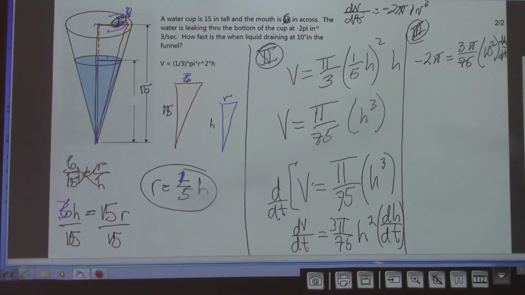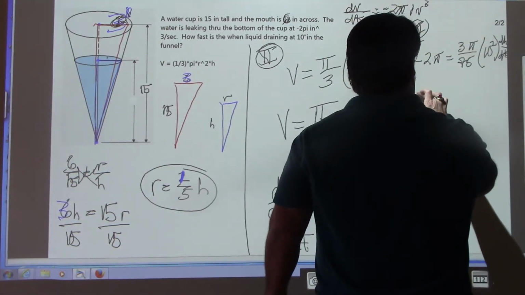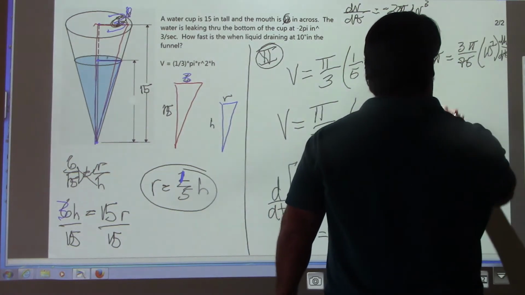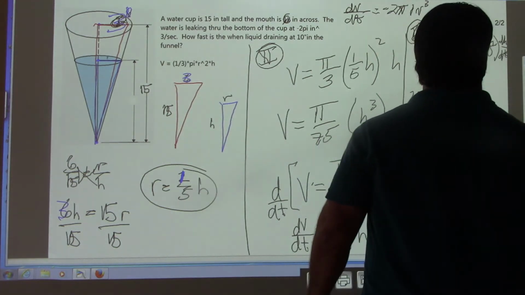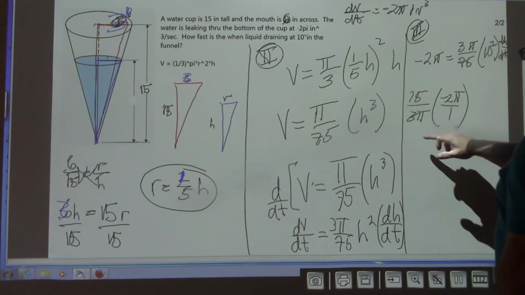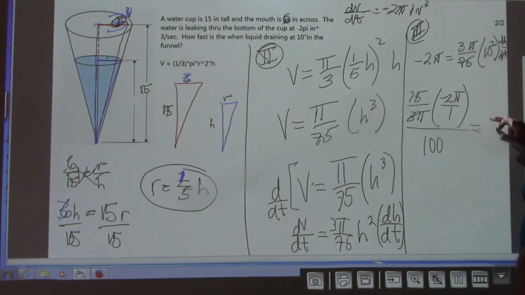And now you can just bring everything over. So that's going to be 75 over 3 pi times negative 2 pi over 1. Multiply by the reciprocal, and then divide by 100, and that should be equal to dH/dt.